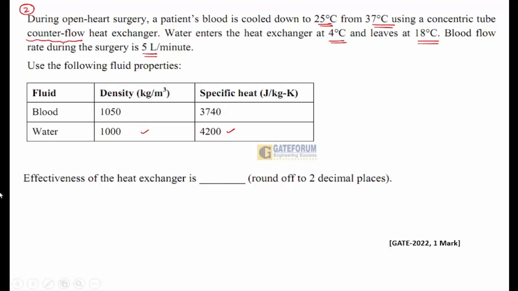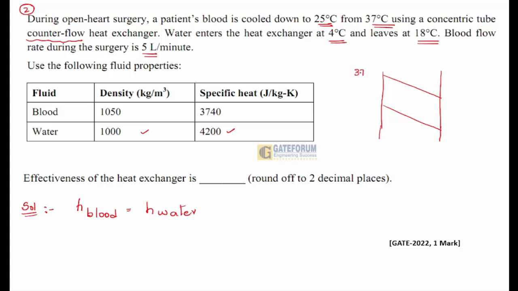For example, this is a counterflow heat exchanger. Heat loss by blood is equal to heat gain by water. This is the basic condition. Now, m Cp delta T will be your formula generally. If you take a counterflow, blood is at 37 degrees centigrade, dropping down to 25 degrees centigrade.